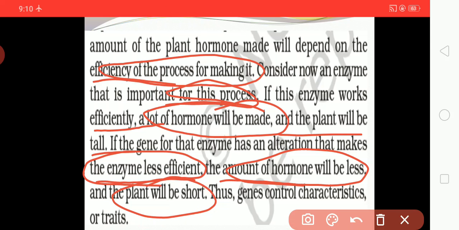So if the hormones are less or the enzyme is less efficient, the plant will not get the proper height.